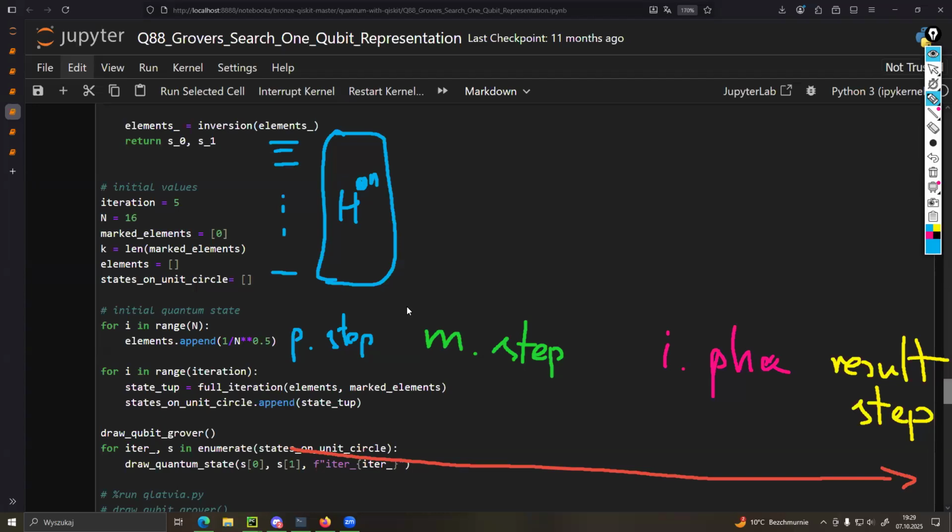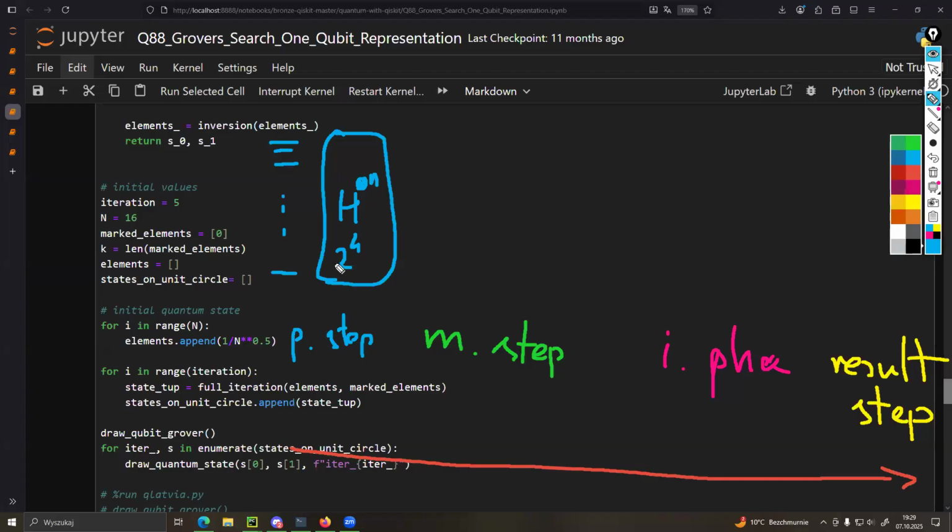So it is worth it to apply Hadamard to every single qubit because we get a superposition of every single integer that we could possibly have. This could be something small, for example, 2 to the power of 4, because we have 4 qubits. And then we apply 4 Hadamard gates to prepare this algorithm.